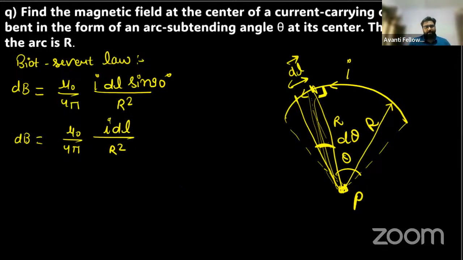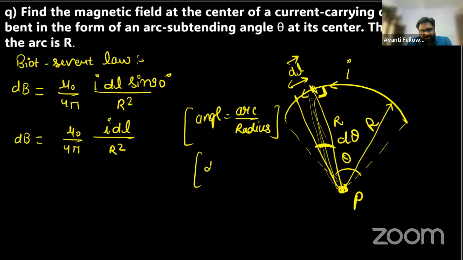Got it? Now we can replace this dl with the formula that angle equals arc upon radius. So the angle is d theta, the arc is dl, the length of the arc, and the radius is r.